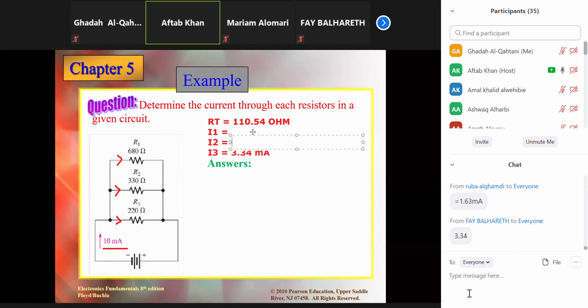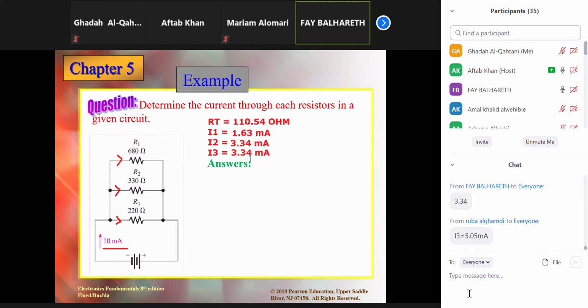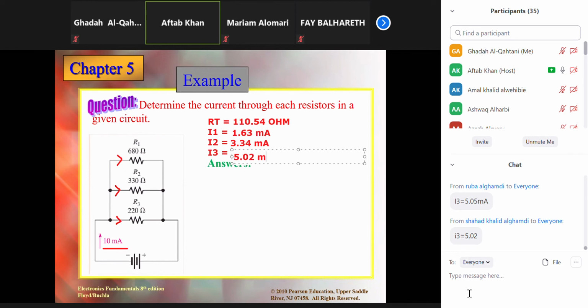How much is I1 in this one? 1.63 milliamp. And then 5.02 milliamps. This is I3. So I3, yes, correct.